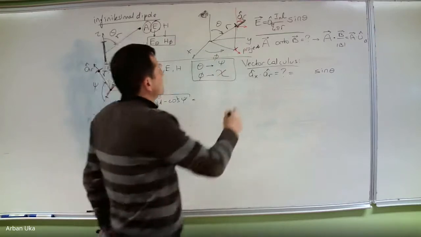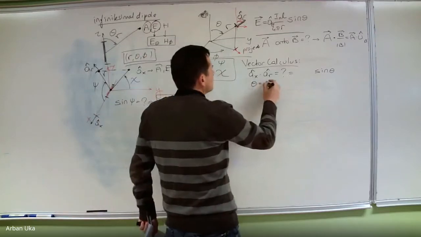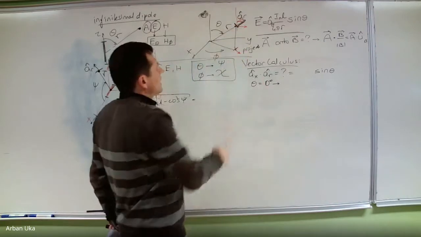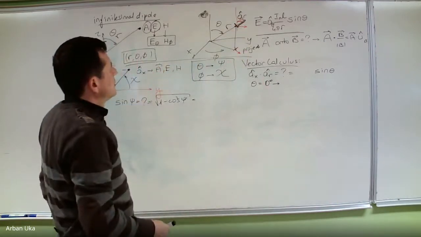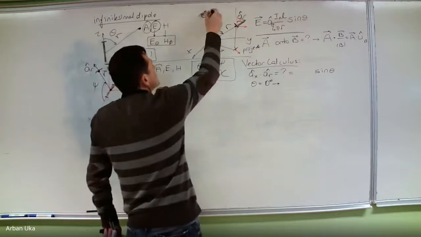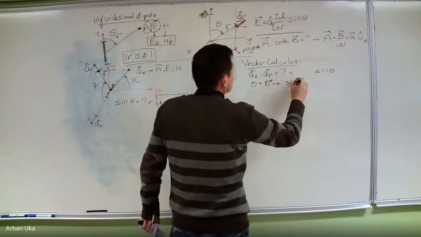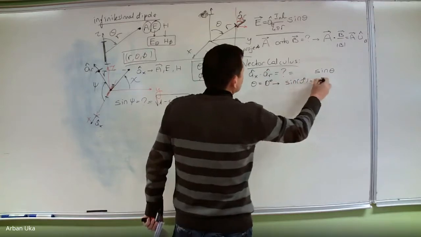Which means, for example, if theta is equal to 0 degrees, the projection of AR onto the XY plane is 0, because if theta is 0, AR is going to look right here. So it's sine 0 degrees, which is 0.